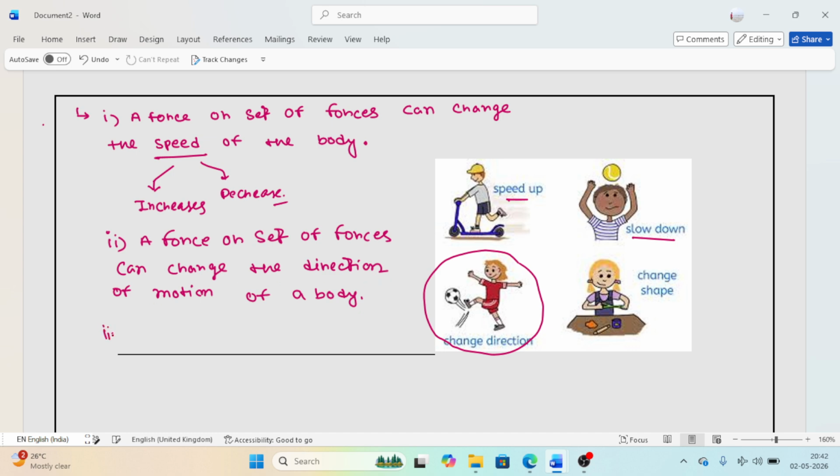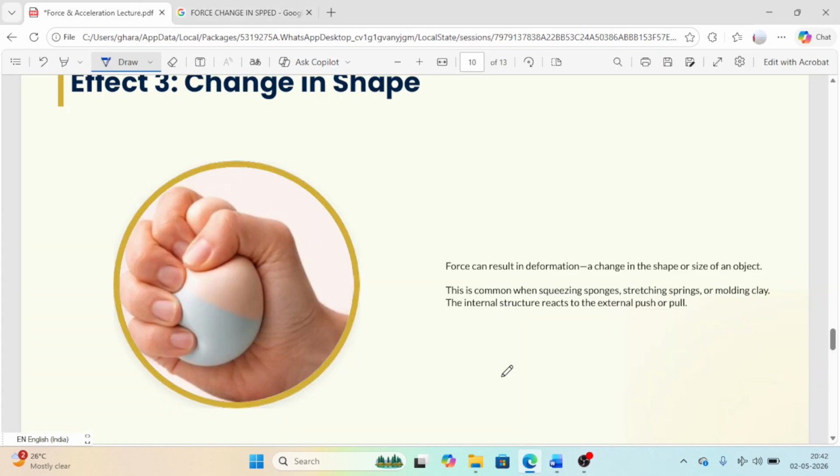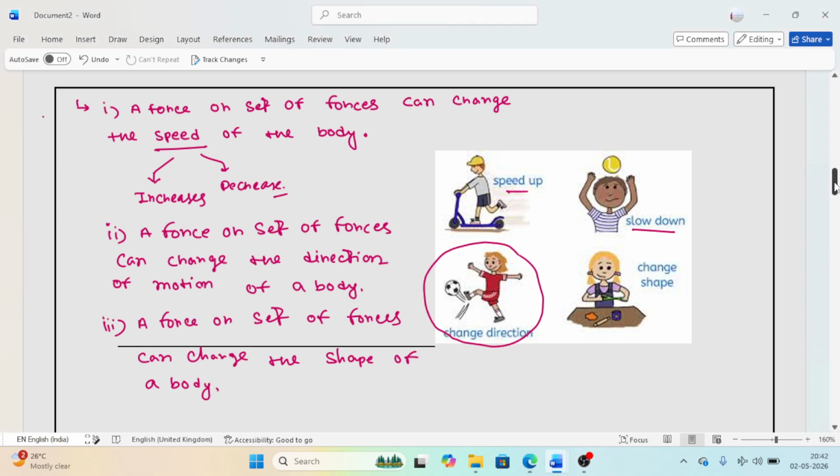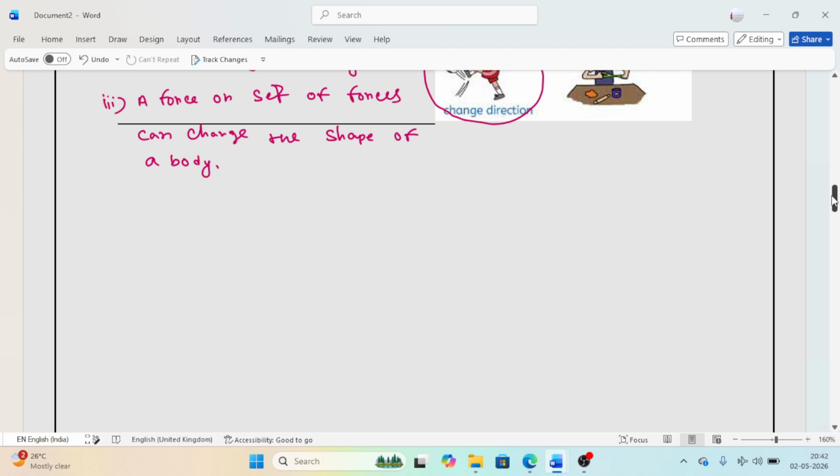And the last one, a force or set of forces can change the shape of a body. Like another example, squeezing. That way the shape of the object changes, right? So this is the three things force can do.